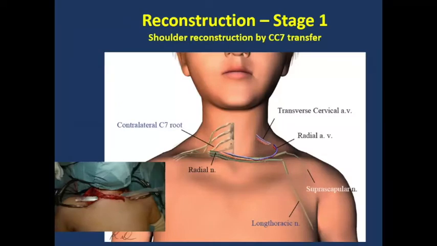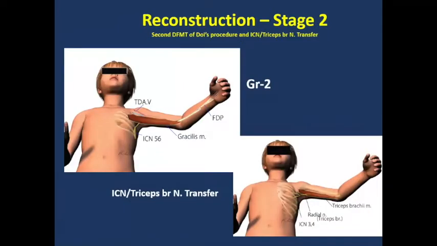As a first stage operation, shoulder reconstruction was done by using a free vascularized radial nerve graft between the contralateral C7 root and the suprascapular and long thoracic nerves. Four months after stage 1, we performed a gracilis free functional muscle transfer to restore finger flexion.